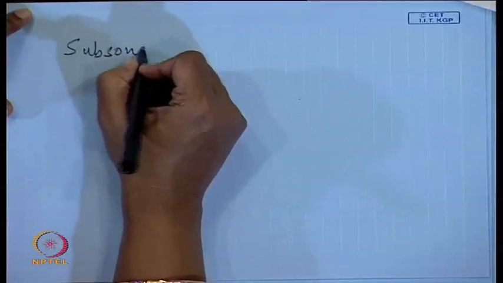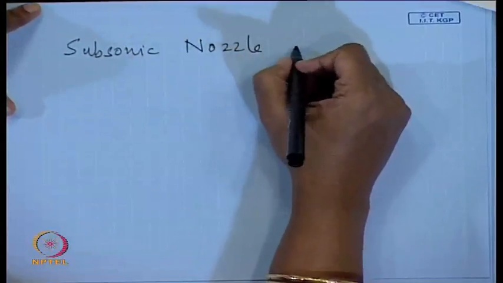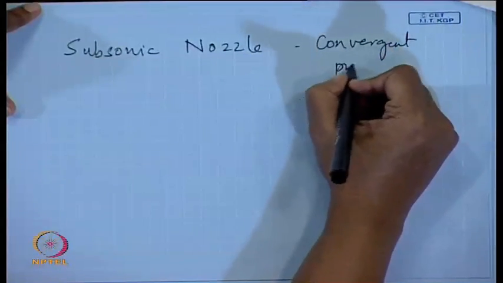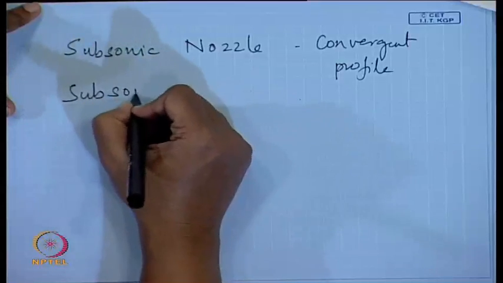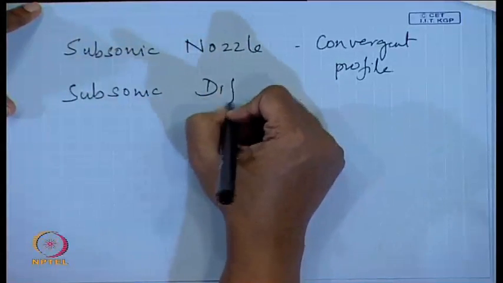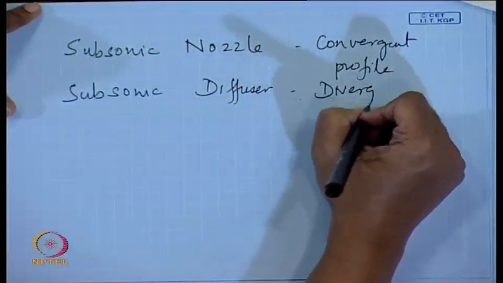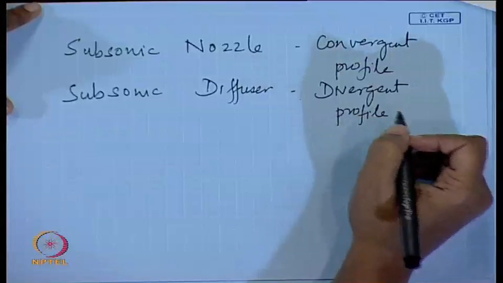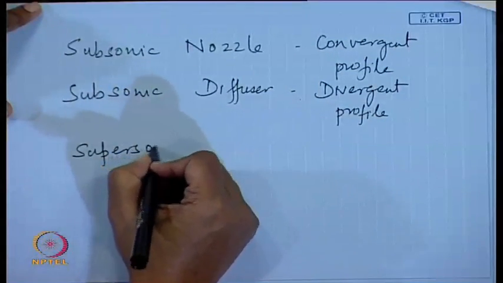Subsonic nozzle: convergent profile, just I am writing down whatever I have drawn and shown you. Subsonic diffuser: divergent profile.